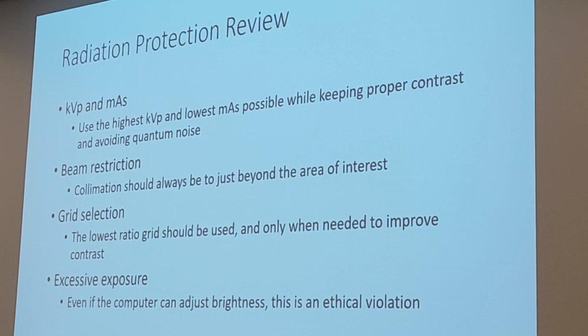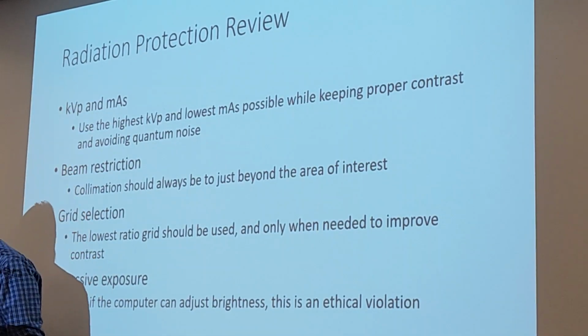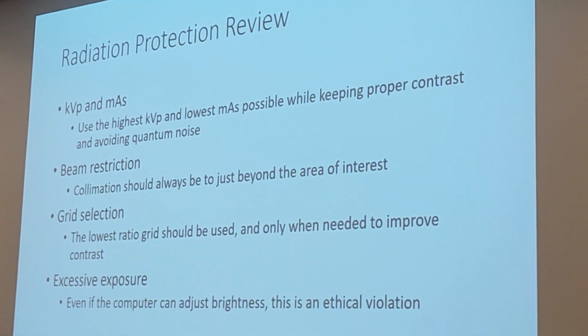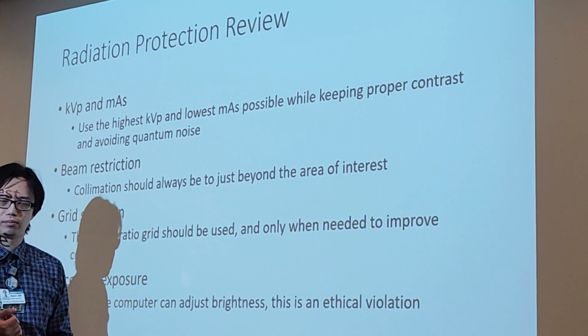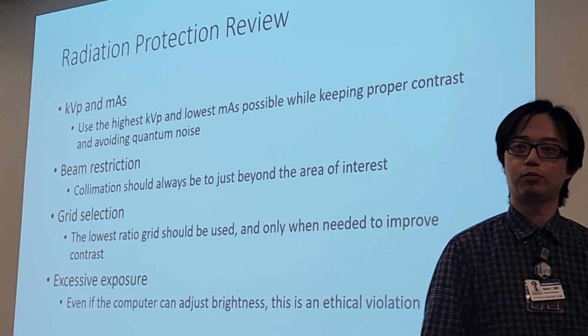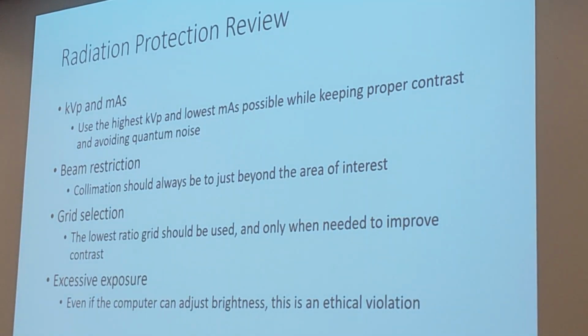Okay, radiation protection. So we can adjust our kVp and mass to help protect the patient as far as radiation goes. Which of these two, kVp or mass, is most responsible for patient dose? Mass, right? Mass is our main controlling factor for patient dose. So if we want less dose, we're going to drop the mass.